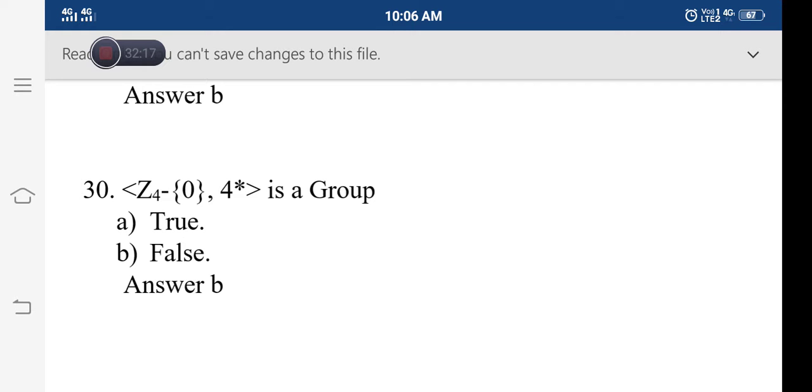The condition to be satisfied for this to be a group is the value of n must be a prime number. Since the value 4 is even, this is not a group. We have the formula Zn minus 0, comma, n star is a group if and only if n is a prime value. Since n is 4 which is even, the answer is false.